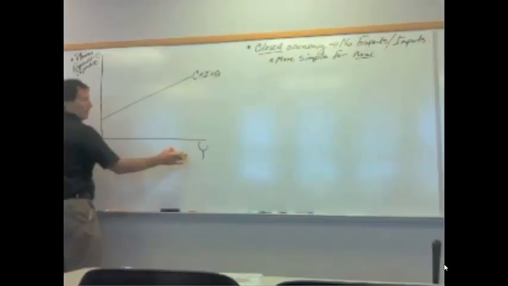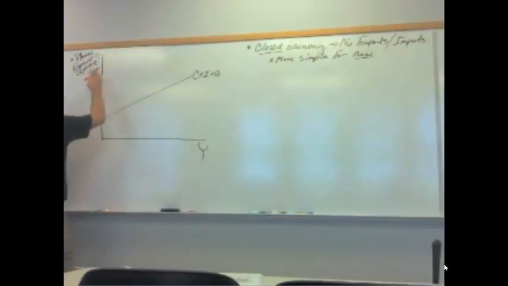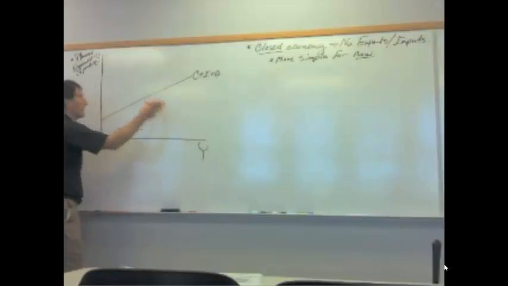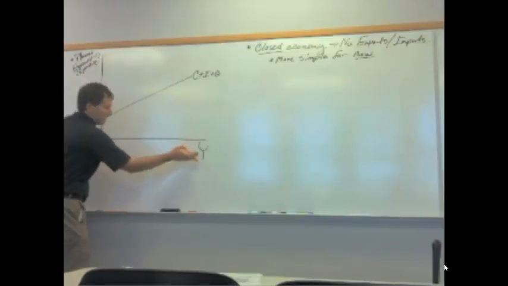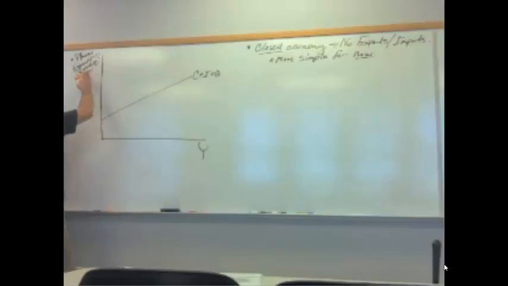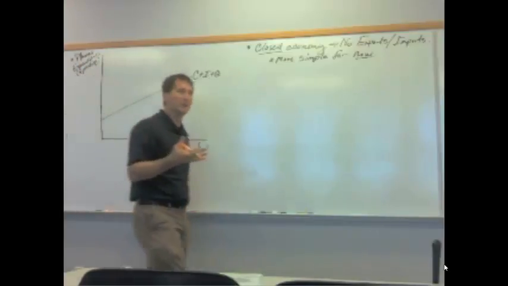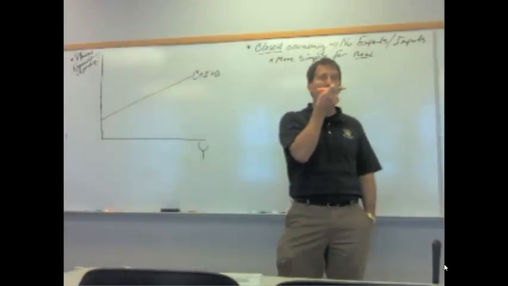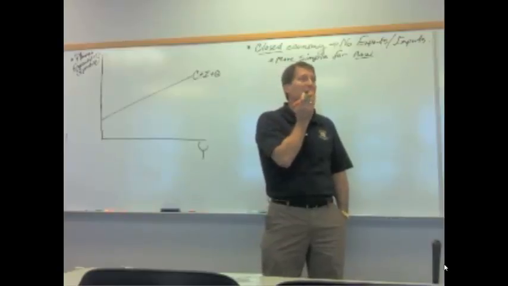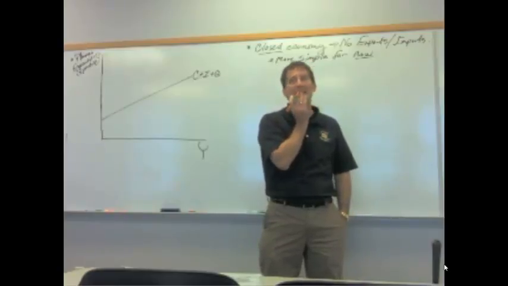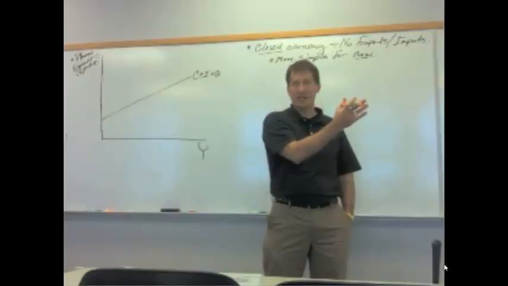So if I was to draw a line that showed all possible equilibrium points where income equals spending, the long run possibilities, what would it look like? A 45-degree angle, right?